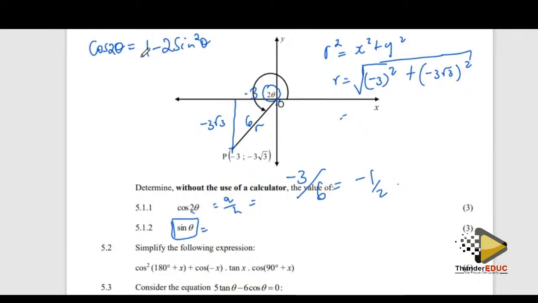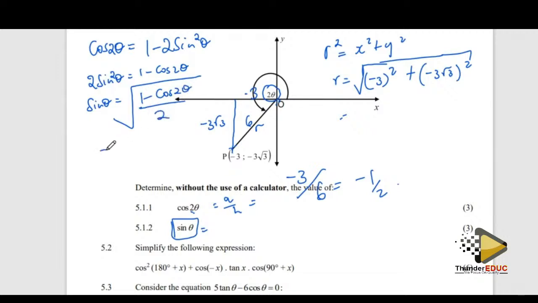And let's try to make sine theta the subject. So it's going to be 2 sine squared theta is equal to 1 minus cos 2 theta. Then we can divide both sides and take square roots. And so sine theta is going to be the square root of (1 minus cos 2 theta) over 2.